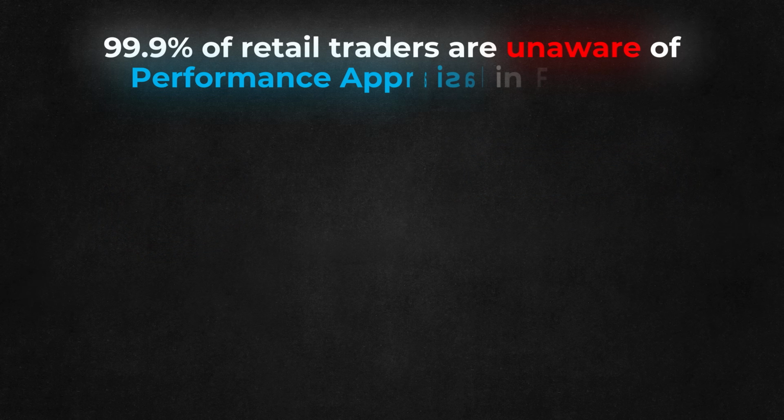99.9% of retail traders have no idea how to measure trading performance, so they use intuitions outside of trading to gauge their success. This leads them to talk about performance in terms of how much money they have made in the short term. This is wildly deceptive. Trading performance is a lot trickier than retail traders think. Evidence of that is that there is a whole area of finance dedicated to study it, called performance appraisal or performance evaluation.